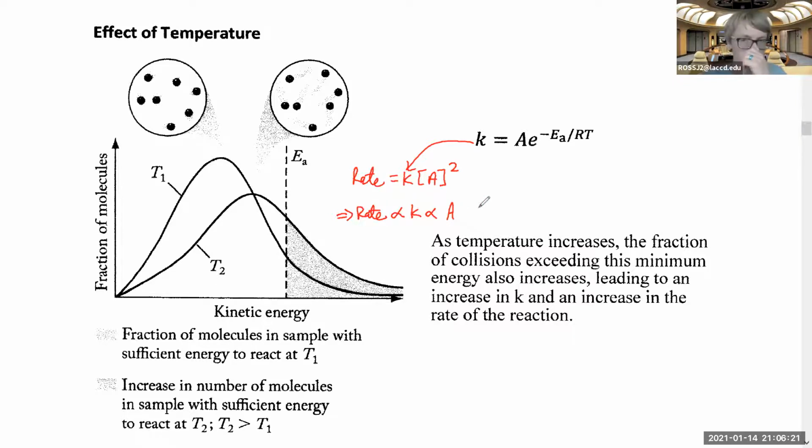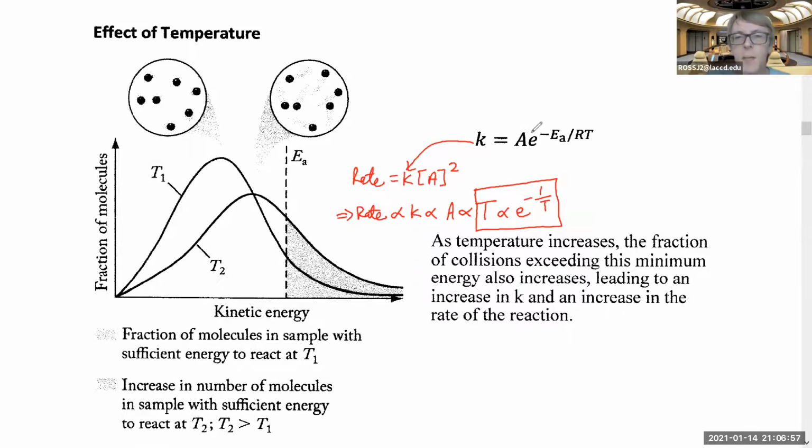Now, A must be proportional to temperature. If we understand this exponential decay, k is proportional to A, which is proportional to temperature, which is proportional to e to the minus 1 over temperature. So this is the important relationship here: temperature as a coefficient, and then 1 over temperature as an exponential decay.